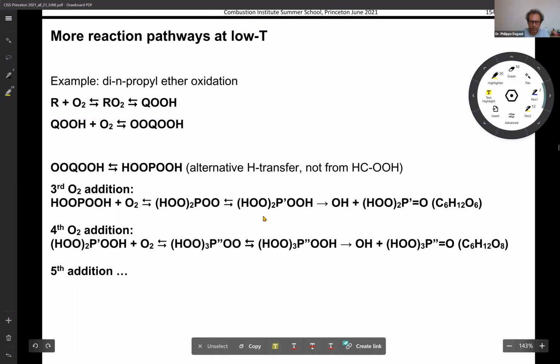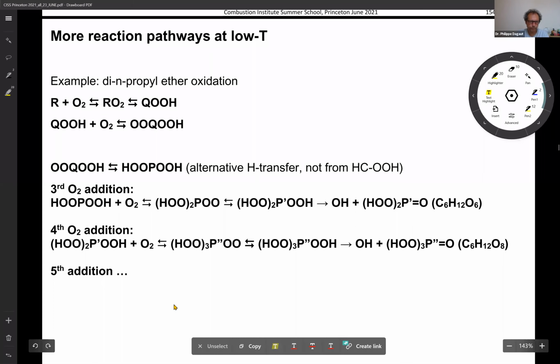But again, if the H atom transfer here is from a carbon without OH groups, there is a new open channel, and the reaction can go on this way.